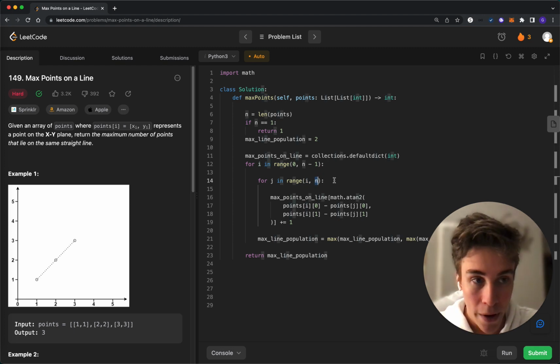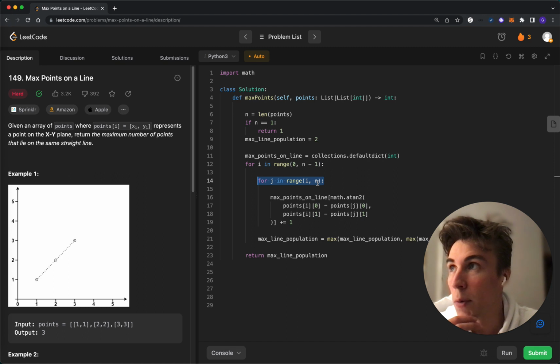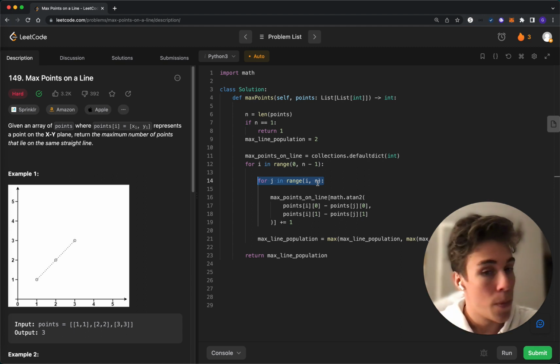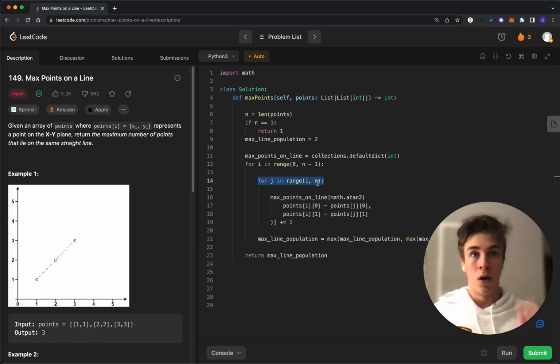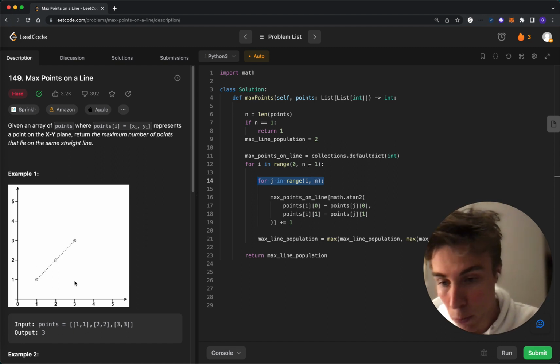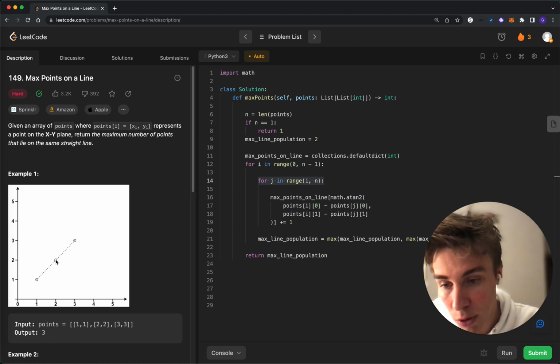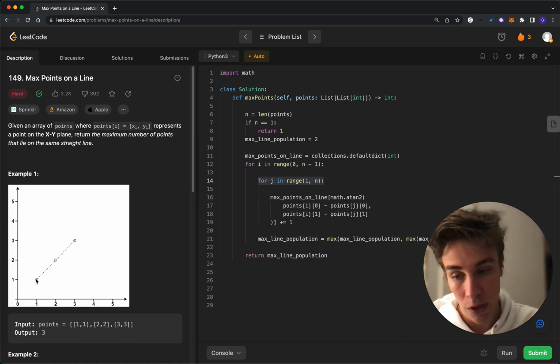This is still O(n) squared, but I'm not actually doing redundant checks. In the previous setup, I would be checking this point against this point and this point against this point, when this is the point of truth. But when this becomes the point of truth, I'm doing a redundant check against this point.